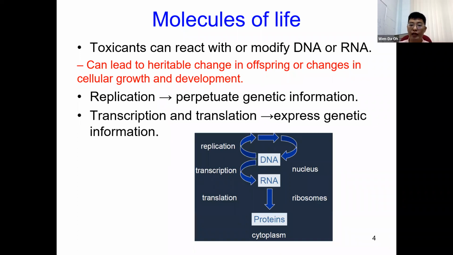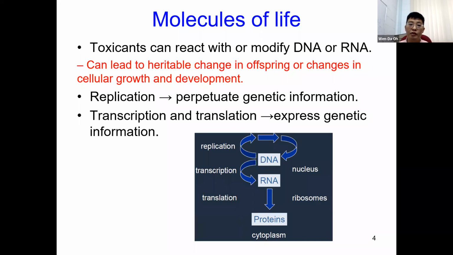Most of the time they are going to affect our DNA, and when this DNA is affected, sometimes it can change how the DNA is translated into proteins. In this case, it will cause many effects. For instance, you can have excessive growth of a cell, which means your cell will grow uncontrollably, and then you will see that it forms tumors, and the tumors will spread all over the place.